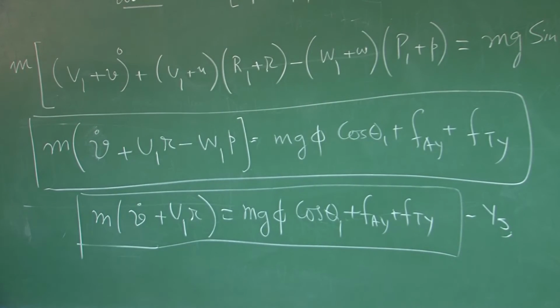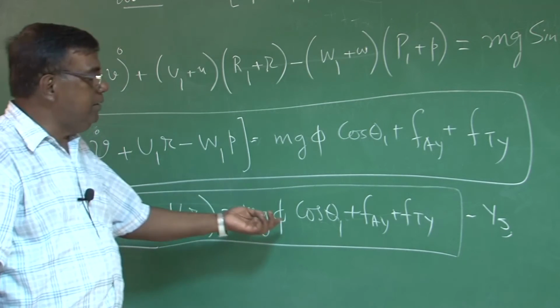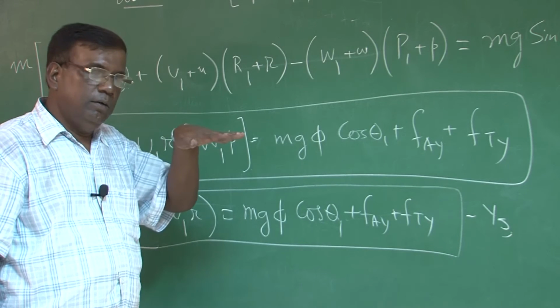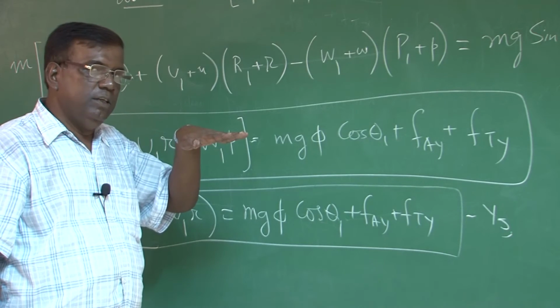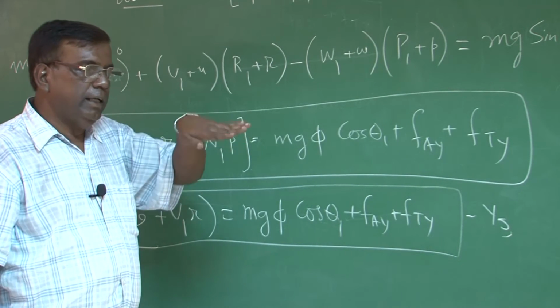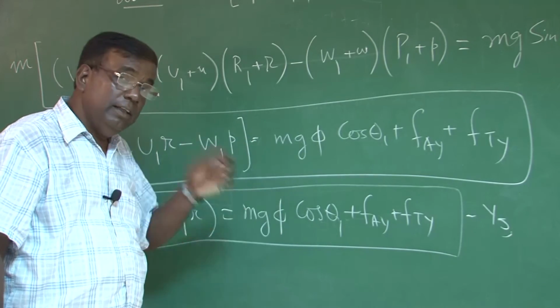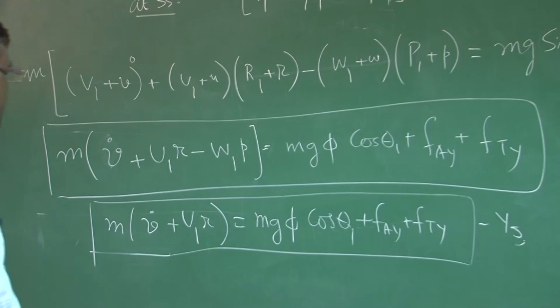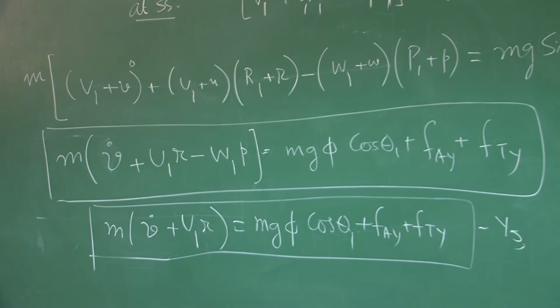Right? Clear? What is phi here? Phi is the perturbed bank angle. Phi 1 was 0, but because of momentary disturbance, it may start banking like this. So that is phi. That changed from the steady state, the perturbed one. This is your second equation.